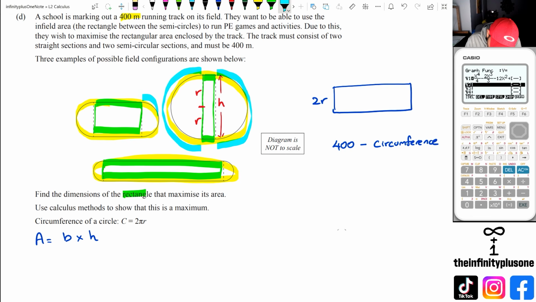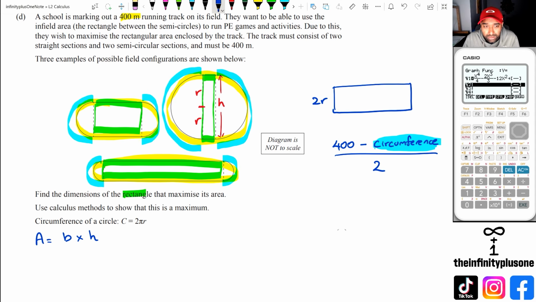So the circumference here is the blue part, and 400 minus that. Now remember, that's going to give you the top of the rectangle and the bottom of the rectangle. So we've got to divide this by 2 to get just one of the sides, because 400 is the top and the bottom of the rectangle plus the circumference.